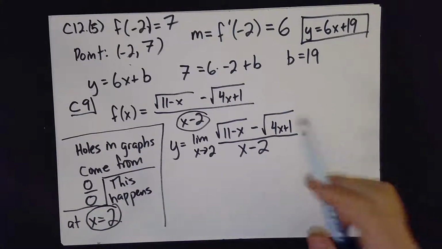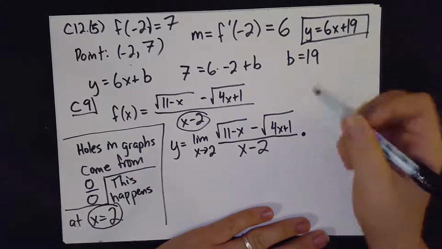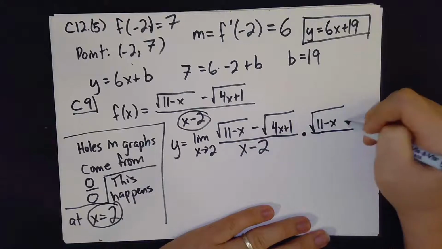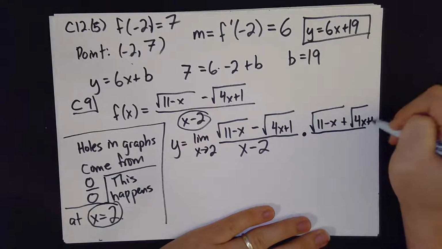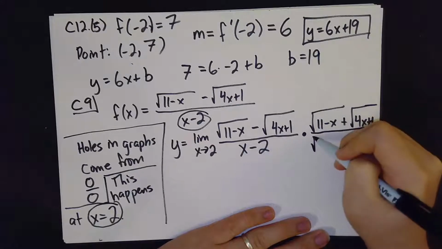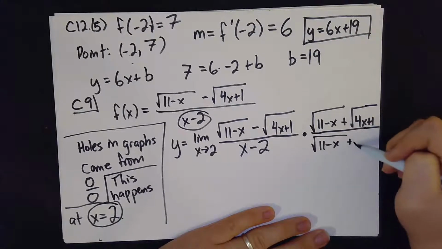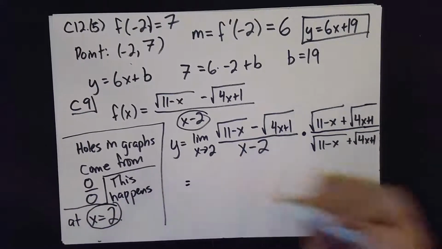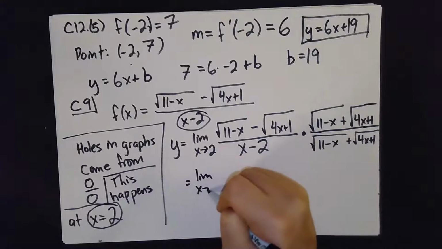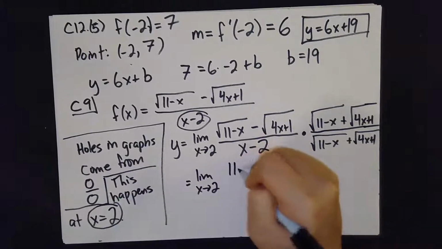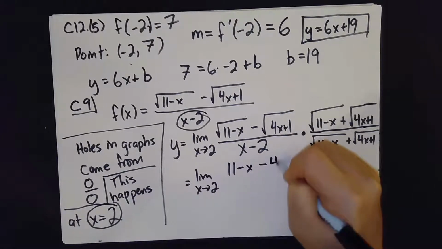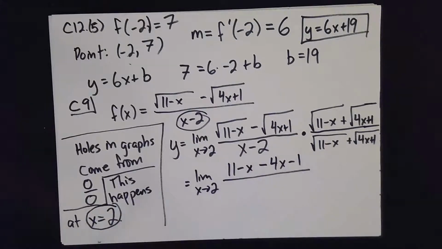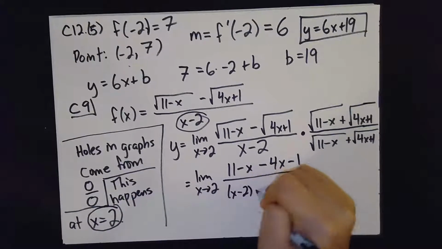Okay, and this is one of these ones that has square roots floating around. So I handle this by multiplying by the conjugate. Which, if I go ahead and multiply this out, the numerator is going to be 11 minus x minus 4x minus 1. And the denominator will be just x minus 2 times that whole mess.